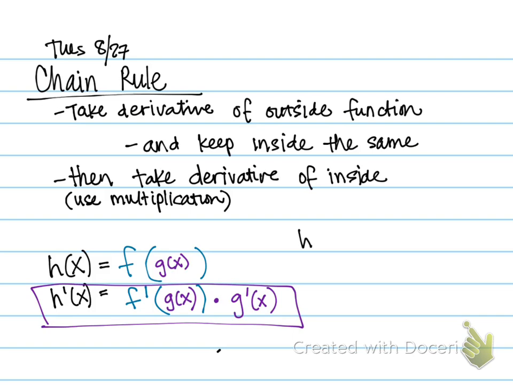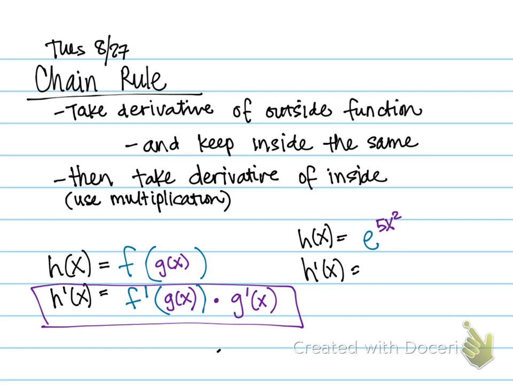Let's call it h of x. Okay. And I'll make it kind of easy to see everything. But e to the inside of the function would be 5x squared. Okay. So to take this derivative, right, the derivative of h of x would be h prime of x.